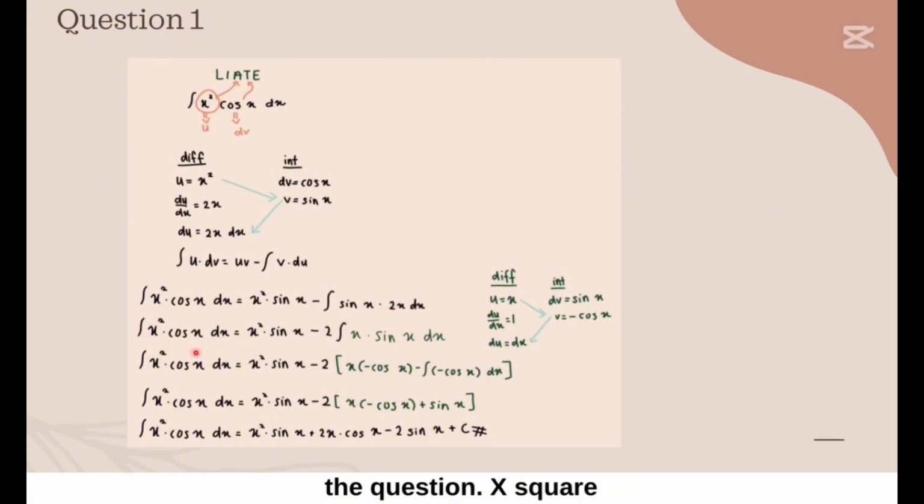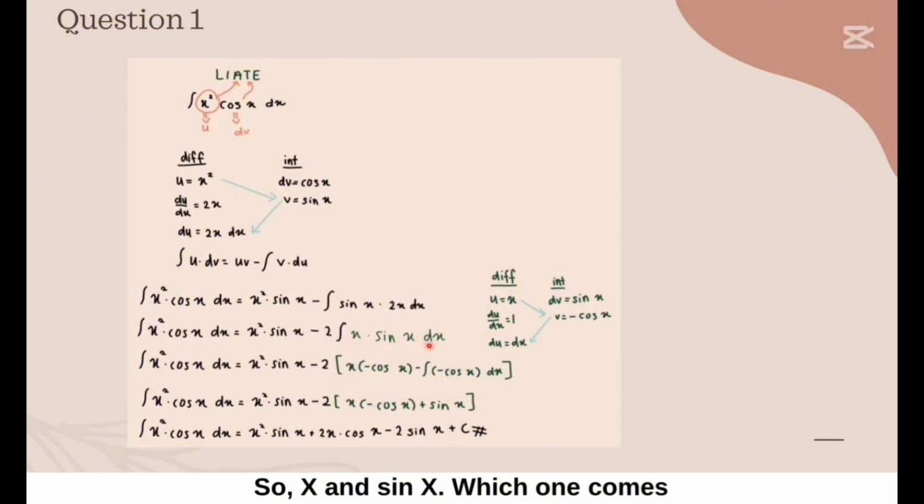You write down x squared multiplied by sin x, and then you can see we have to do the integration by parts again. To make it easy, you remove the 2 to the front, and then you get integrate x sin x dx.